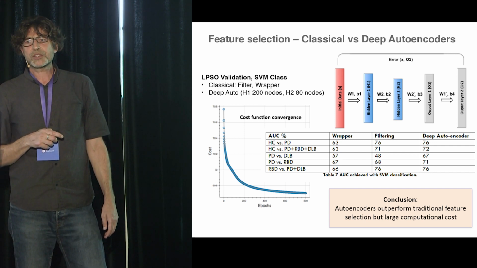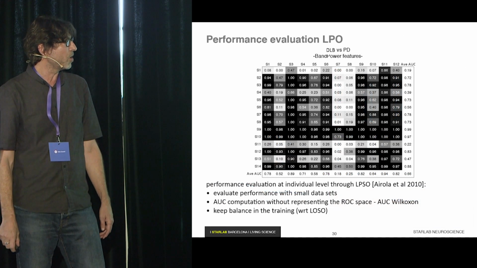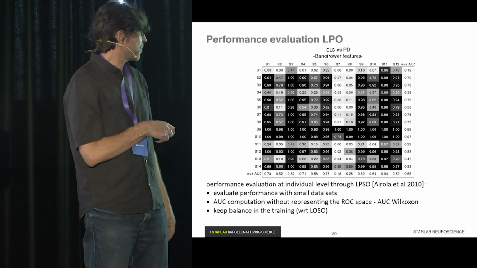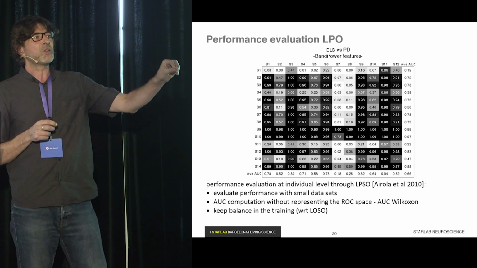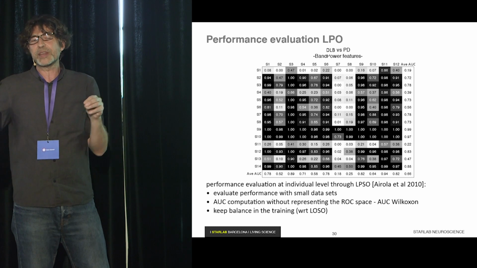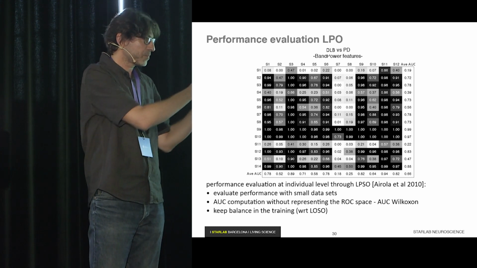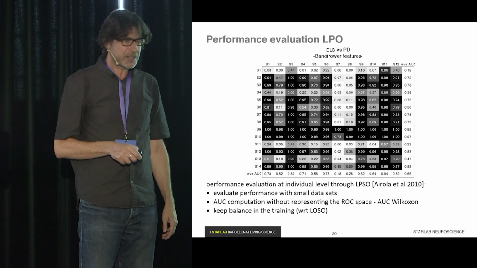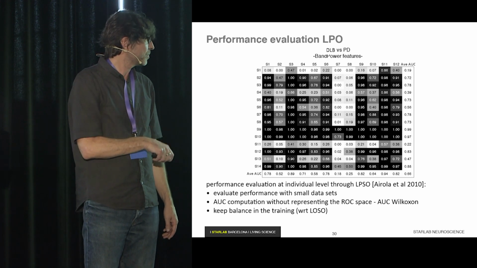One interesting aspect of the system is that we are using a methodology called leave-pair-out, which was proposed in 2010, which is basically that you take one example of the positive class and one example of the negative class, and this is your validation test. What this allows is a better estimation of the performance when you have small data sets.